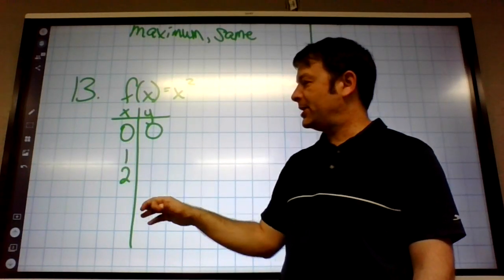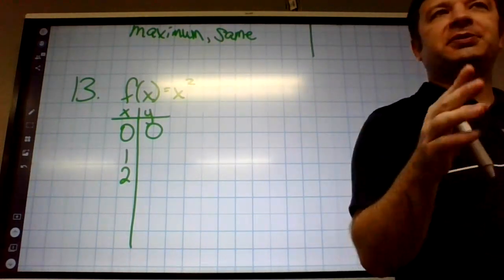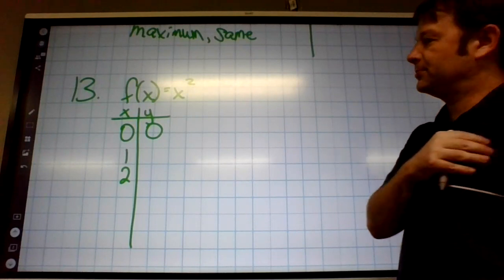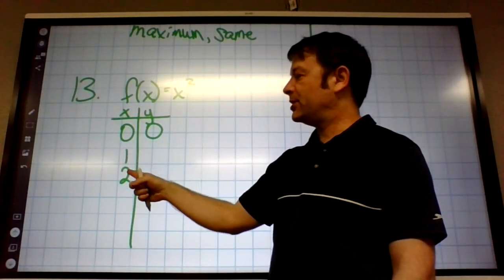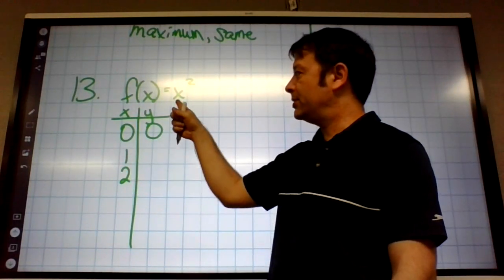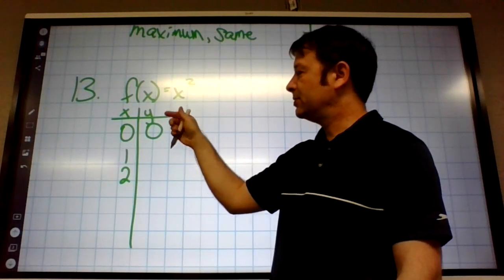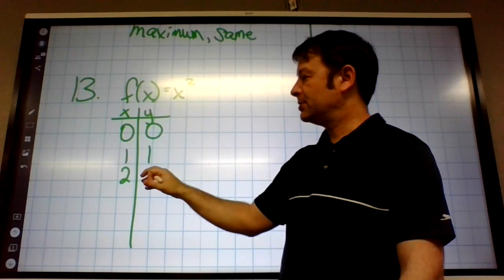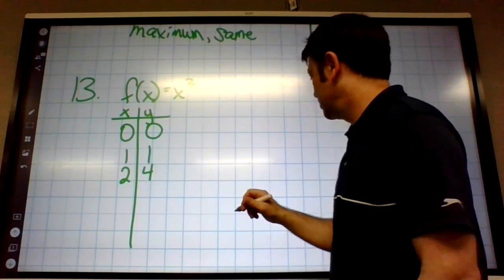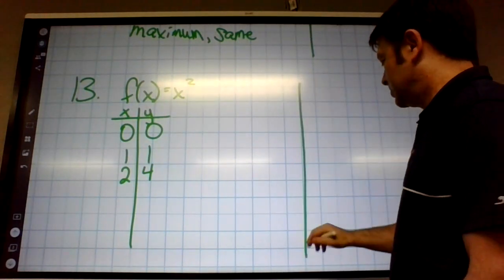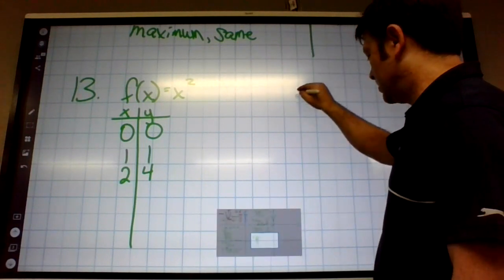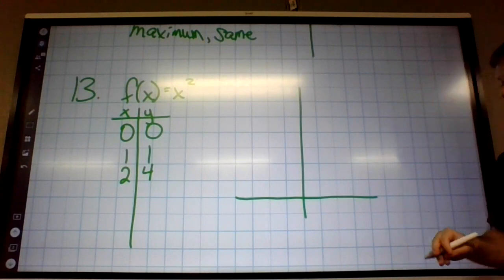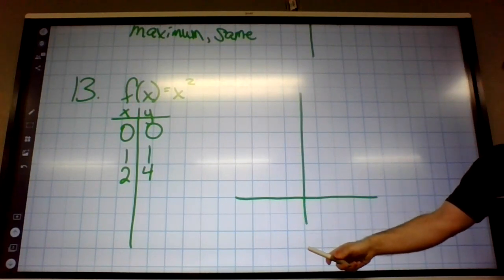I'm just going to plug in 2 x coordinates that are on one side of the vertex. So 1 and 2. Or I could have used -1 and -2. But if I plug in 1, what do I get here? 1. If I plug in 2, 2 squared is 4. Now, if I'm starting at 0, 0 and going up, I don't really need a negative y-axis.